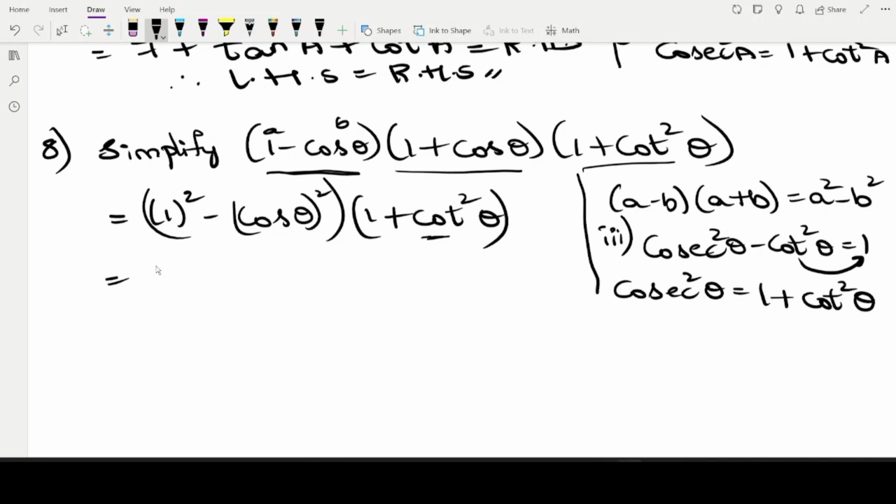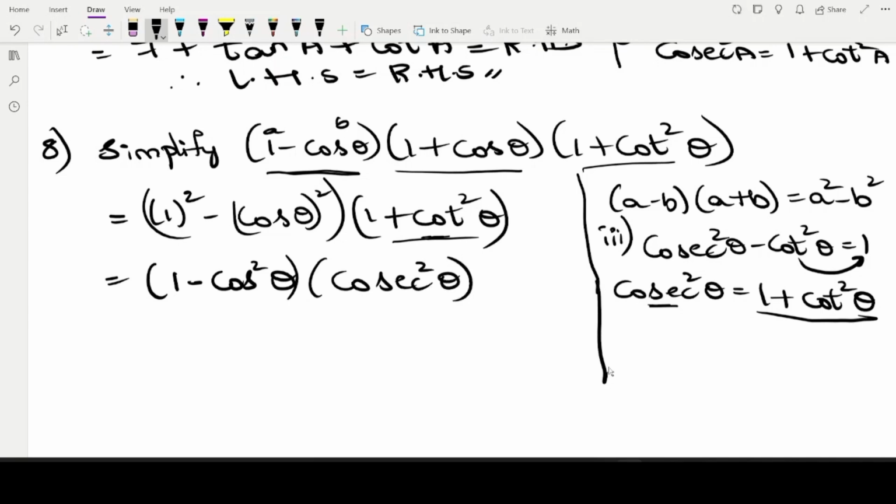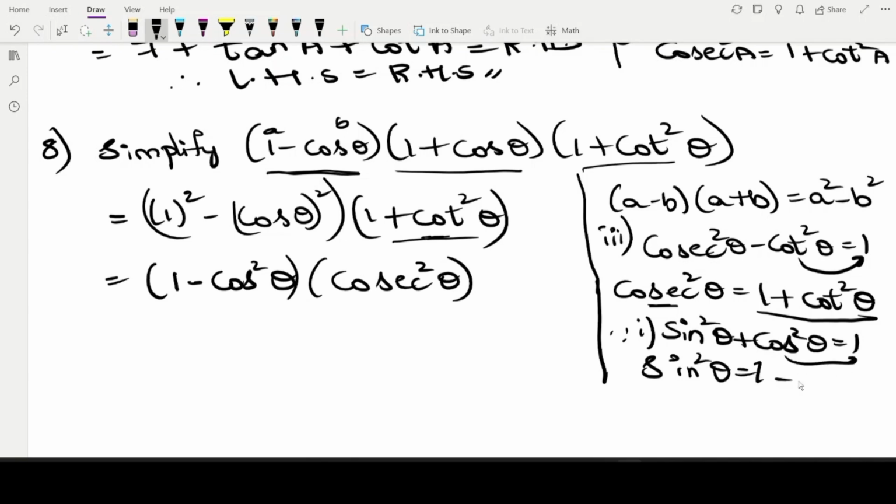Now substitute the values here. 1 square is 1, minus cos theta whole square is cos square theta, into what is 1 plus cot square theta? It is cosecant square theta. We know from identity 1 that sin square theta plus cos square theta equals 1. So what is sin square theta here? When you shift the cos square theta to the other side, sin square theta equals 1 minus cos square theta.